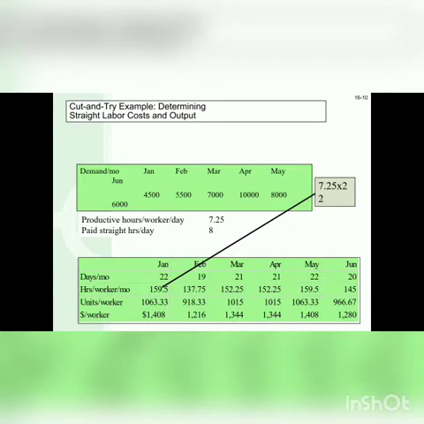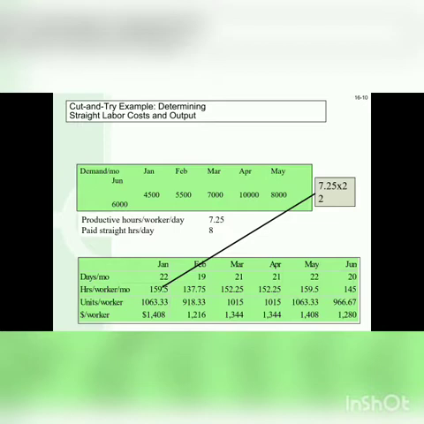Similarly, when we multiply 19 into 7.25, we can calculate the total hours per worker per month for February, which is 137.75. For March, it is 21 into 7.25, so 150.25.